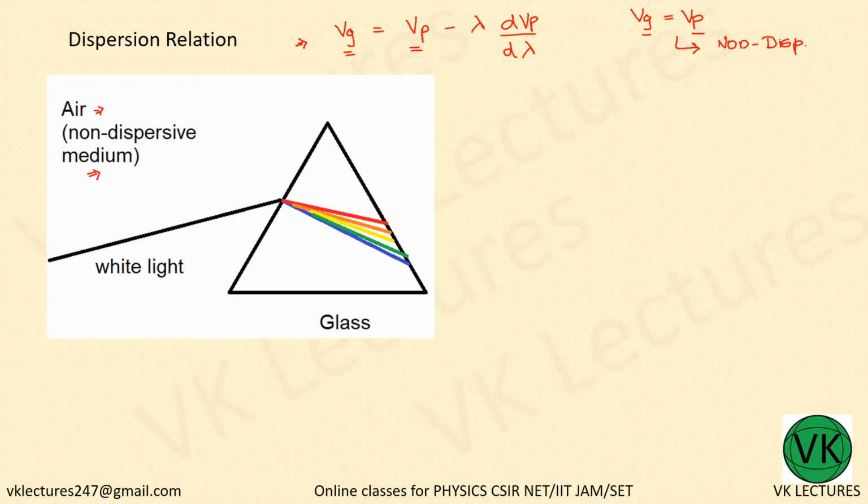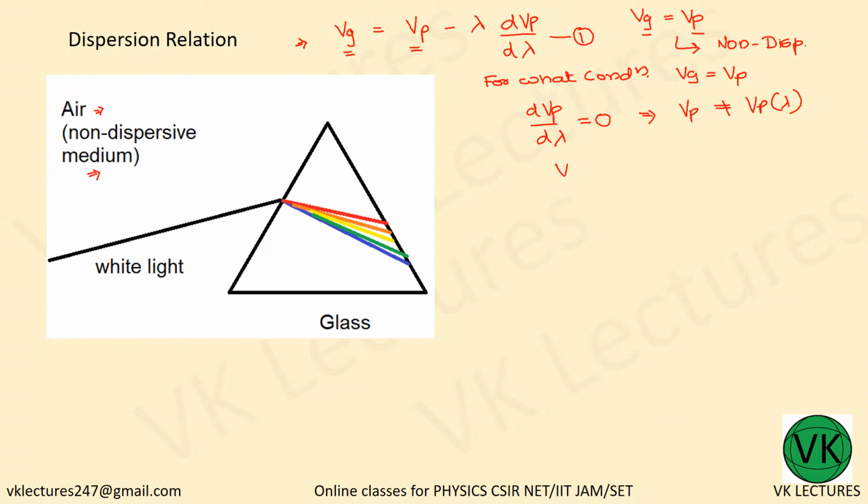Now let us understand for what condition this Vg is equal to Vp. From this equation, that is equation number 1, if dVp by d lambda equal to 0, then you can have this particular condition of non-dispersion. Which means Vp should not be a function of lambda, right?